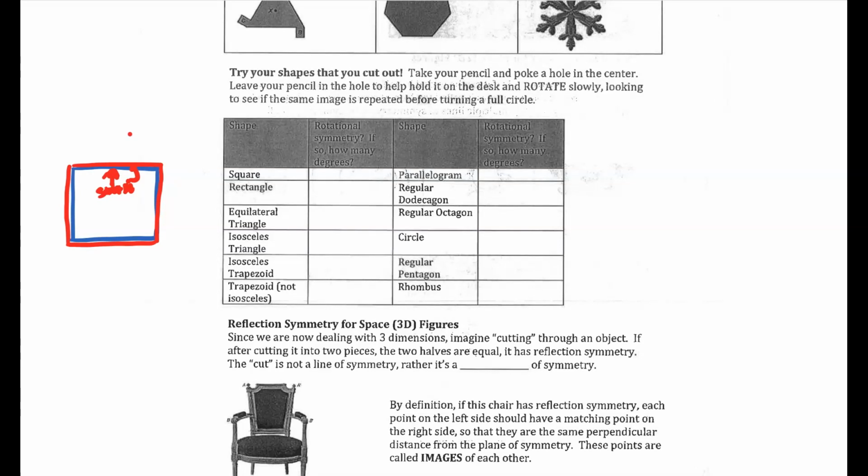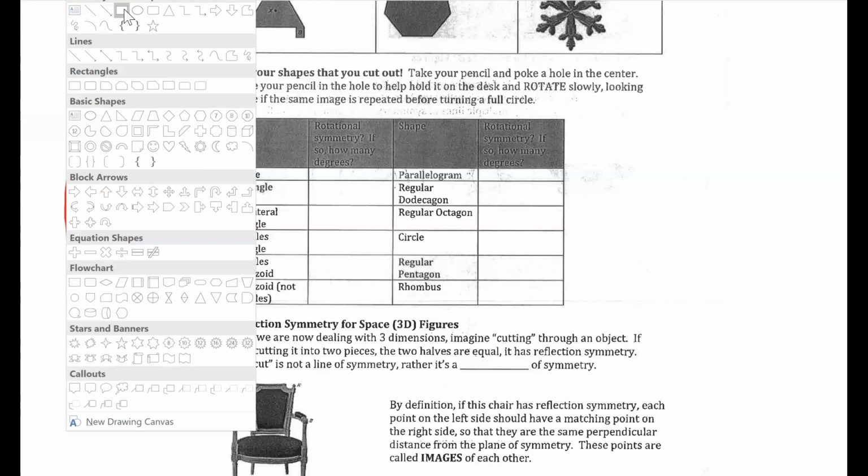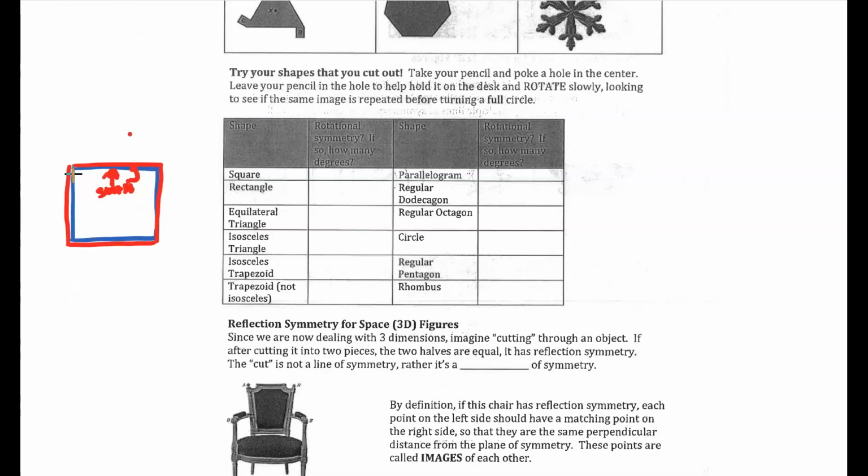And I can show you. I'm just going to insert a square real quick here. We want shapes and then rectangle. You're not going to see the arrow, but you can get the idea. So this is the starting position, and I'm going to rotate, and now I'm meeting my original shape.